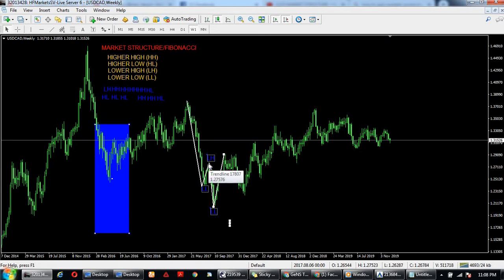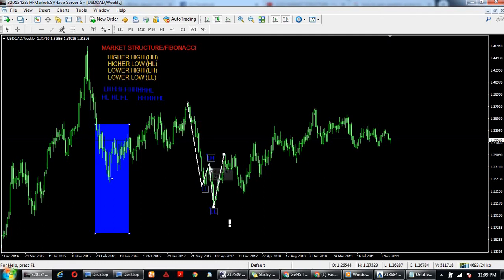Yes, price has taken out the most recent lower high. It came and closed above it, and this is a kind of heads up that the structure of the market is about to change, or is changing. Yes, it's most likely the market is changing now from a downtrend to an uptrend. And because once you understand the structure of the market, you know when to get out of a trade.